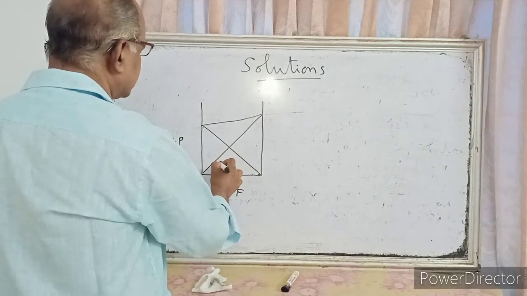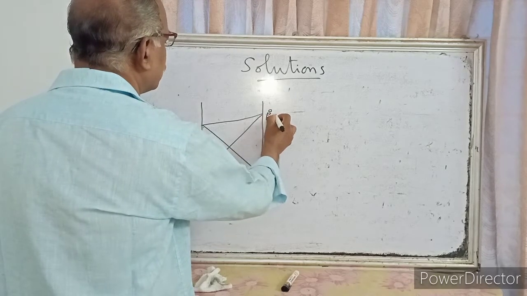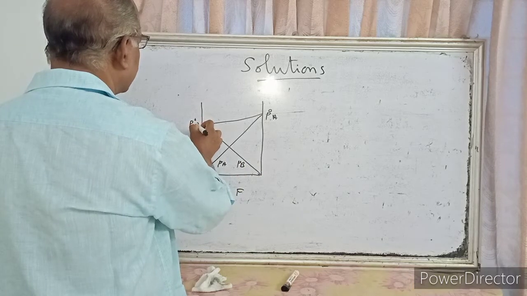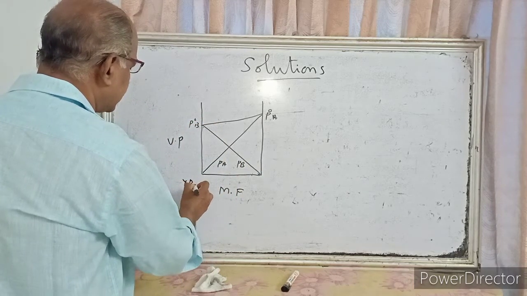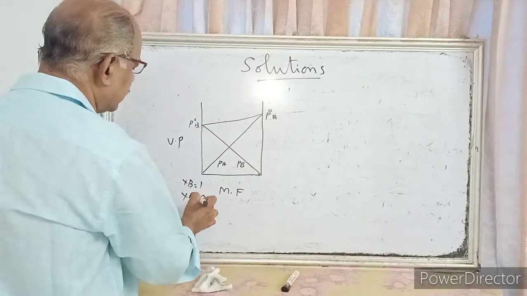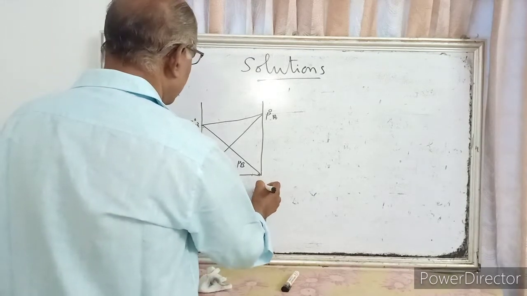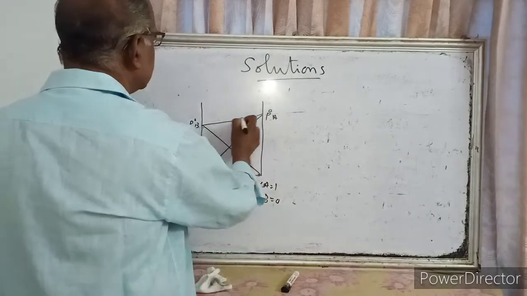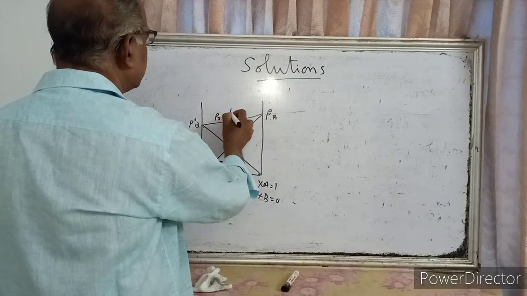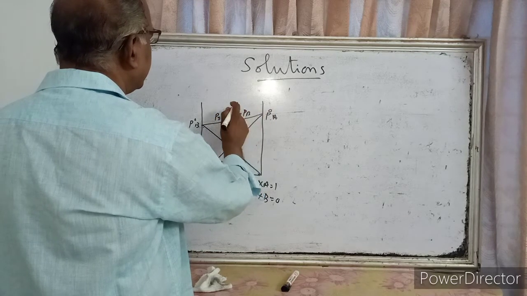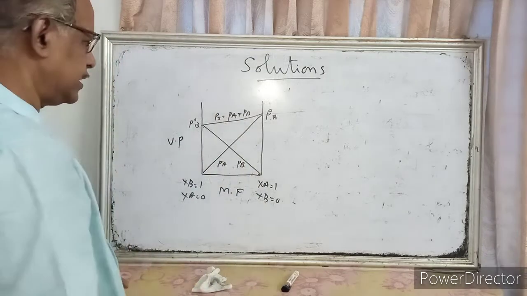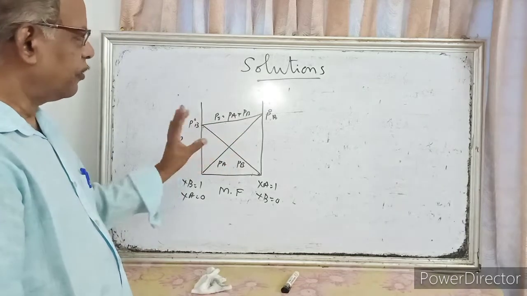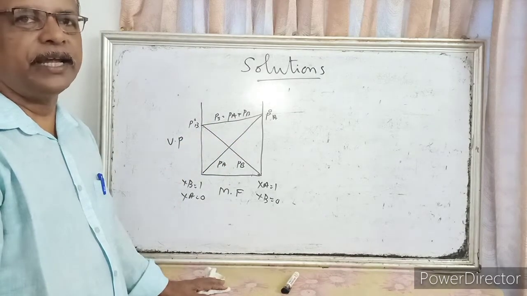This is the partial pressure of A, so this is P0A, and this is the partial pressure of B, P0B. Here mole fraction of B is equal to 1 and mole fraction of A is equal to 0. In this case, mole fraction of A is equal to 1 and mole fraction of B is equal to 0. So this is the graph for the solution. PS is equal to PA plus PB, the sum of the partial pressures according to Dalton's law of partial pressures. So this is a graph for a solution which is obeying Raoult's law.